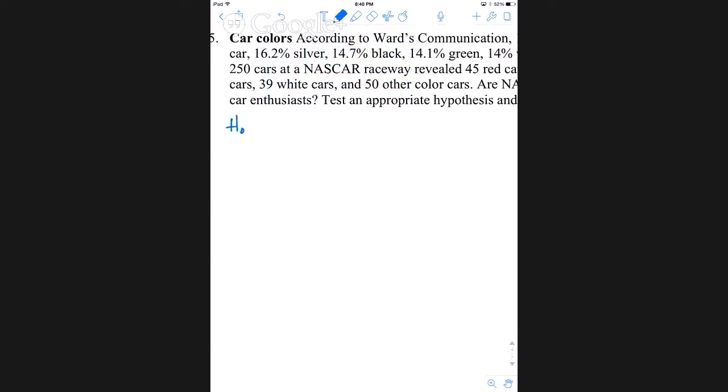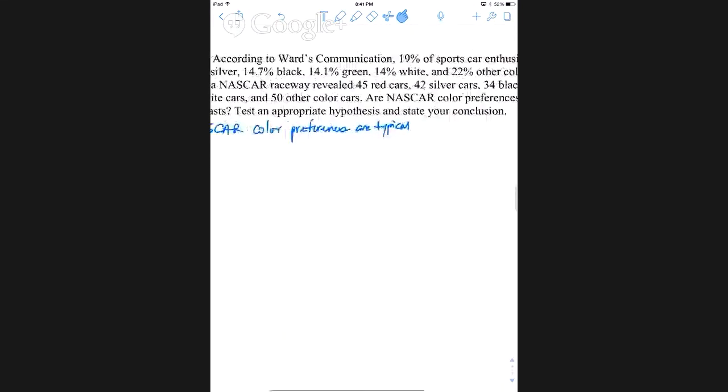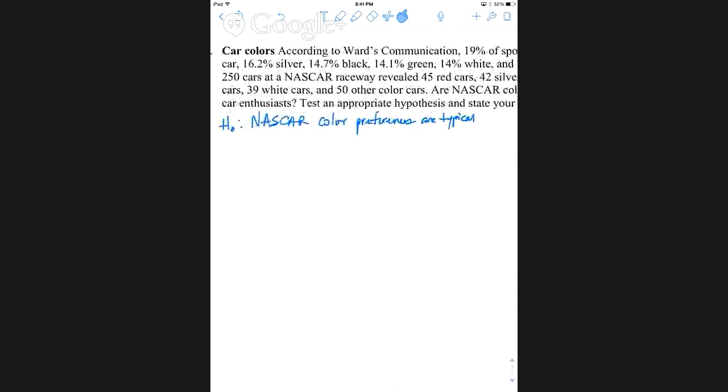My null hypothesis is that NASCAR color preferences are typical of sports enthusiasts.